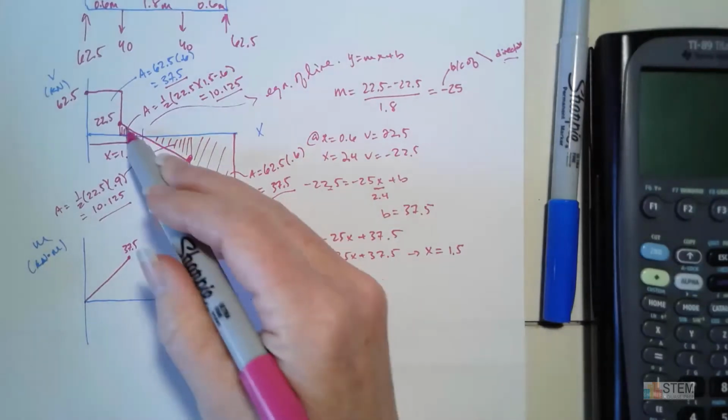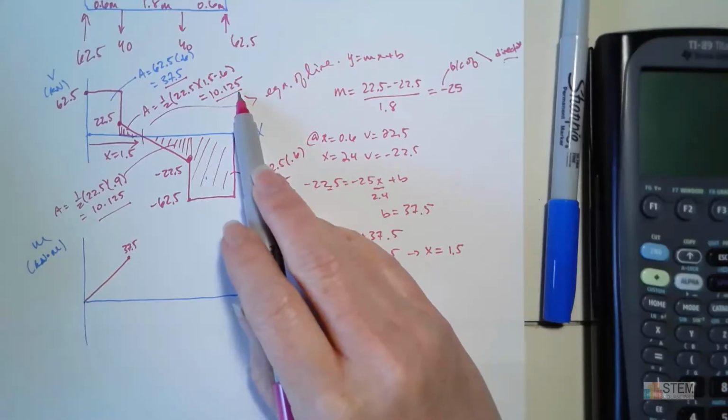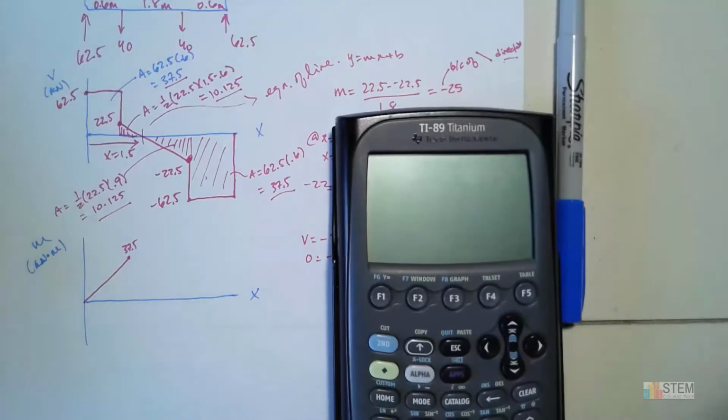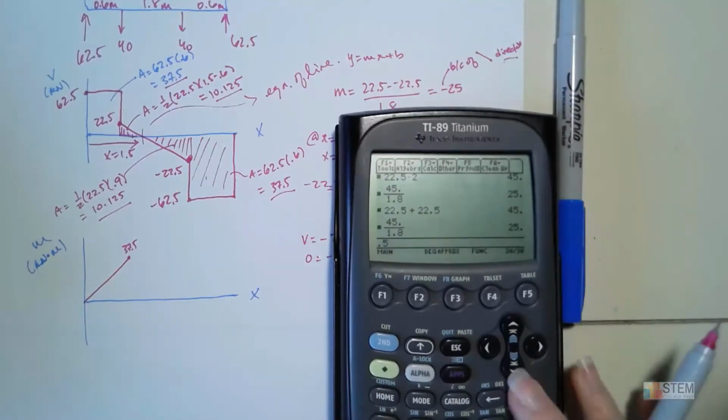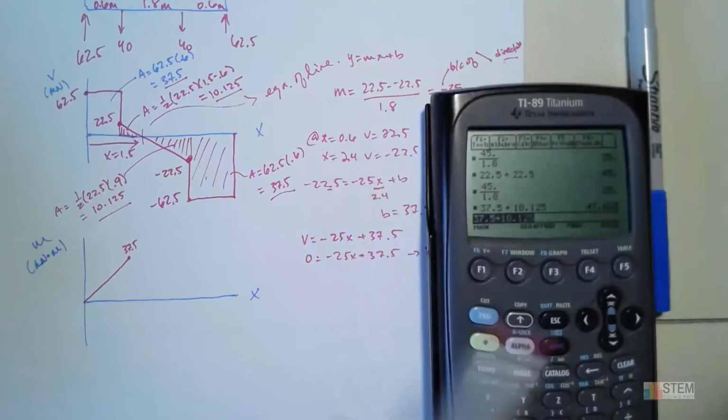Next, we go to this triangle. So this is 10.125. All right, so that's our delta M. So you're going to take 37.5. Oops. We're going to add to that 10.125. We get 47.6, which, if you notice, that's what we had before.